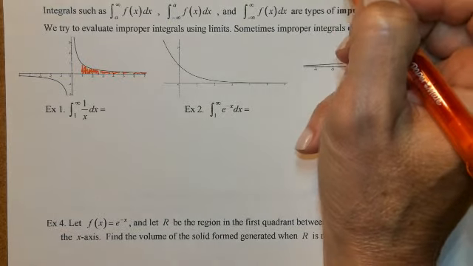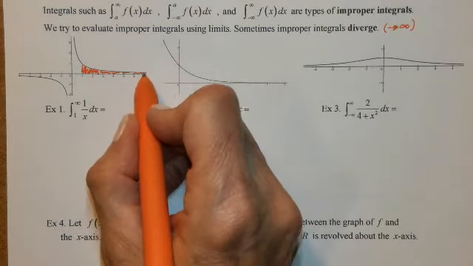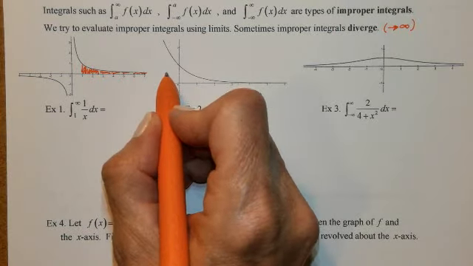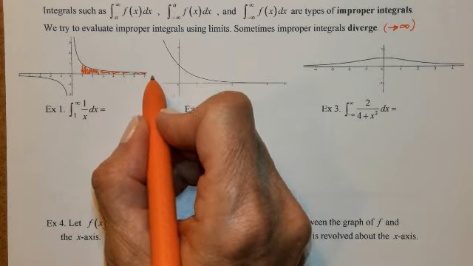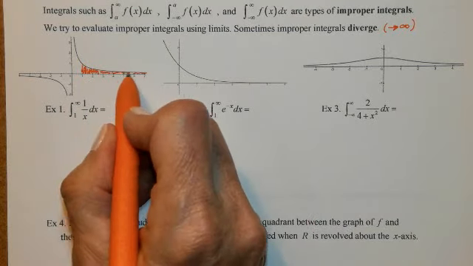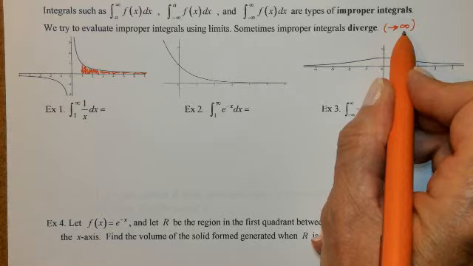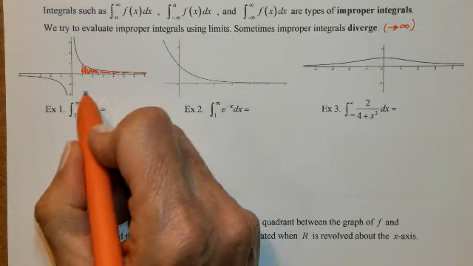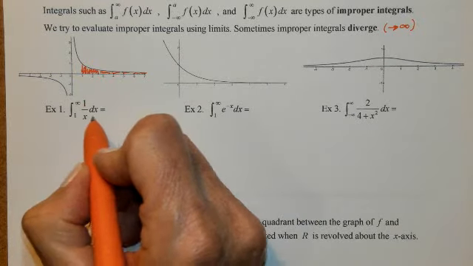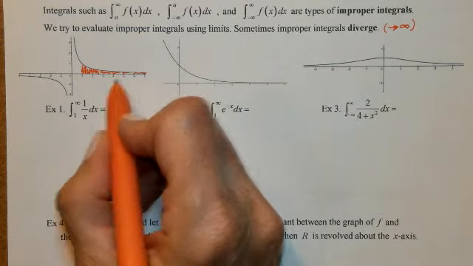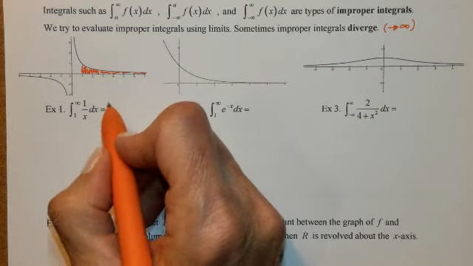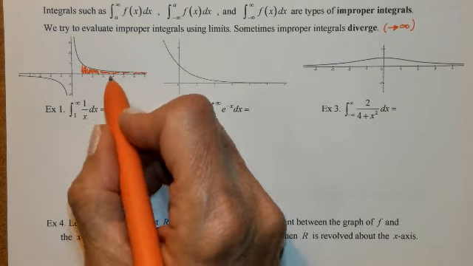Will this curve ever hit the x-axis? No, it will never hit the x-axis. So it appears that this area is infinite. It appears that this type of thing would always diverge or go to infinity. But it doesn't always. All right?